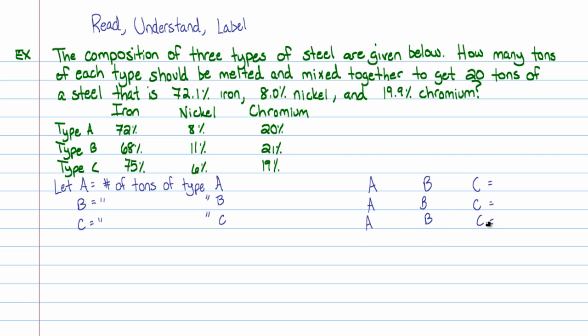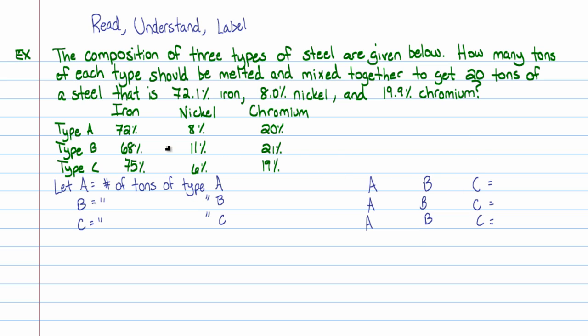It's just so important for you to set it up like this because if you don't, you could run around in circles for quite some time. Now, if you look at that table, I have a row for type A, a row for type B, and a row for type C. So I guess the rows here correspond to my columns here.